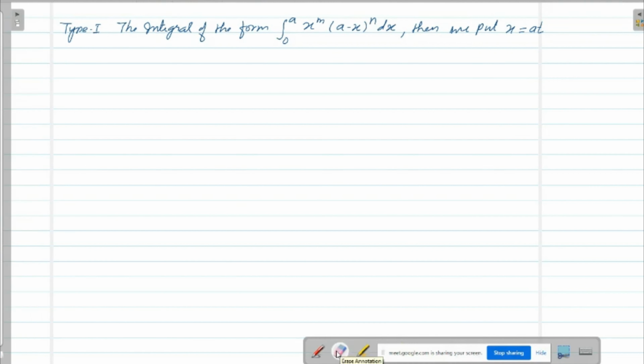If we have an integral of this form, then we will use the substitution x equal to at. Okay, let us do a problem based on this. Example.